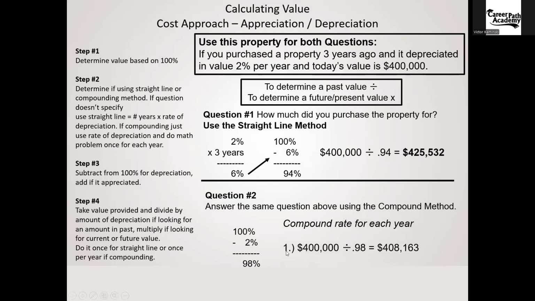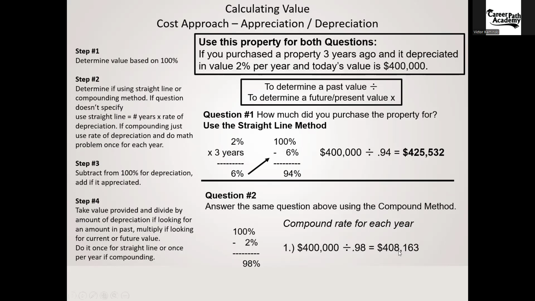So the first year, 400,000. We're still trying to figure out a value in the past, so you would divide by 0.98, and you do that once for each year. Since it was 3 years, that's the first year.